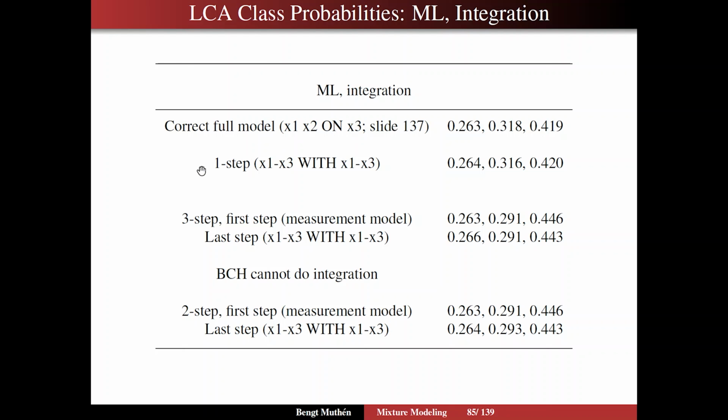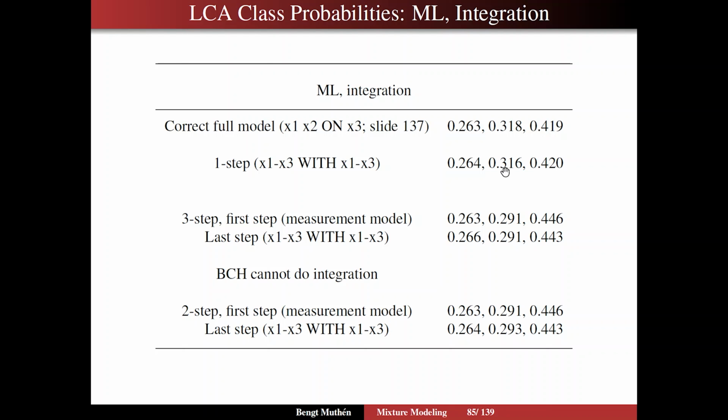Turning to the one-step approach, we act as we would when we don't know the missing data mechanism, and we simply covary the x's with each other like this. And we get these class probabilities, and we see that there is a slight difference here and here, but not very much.